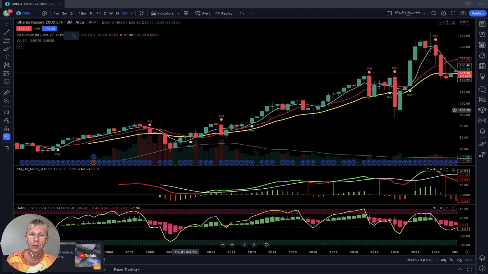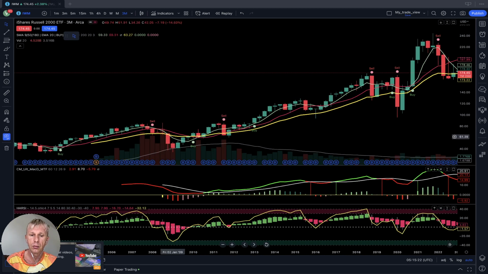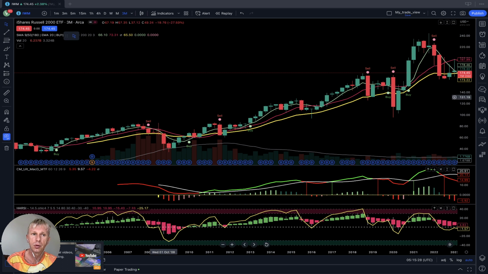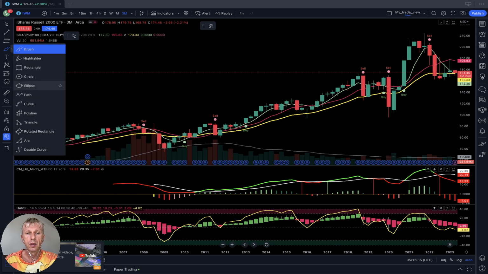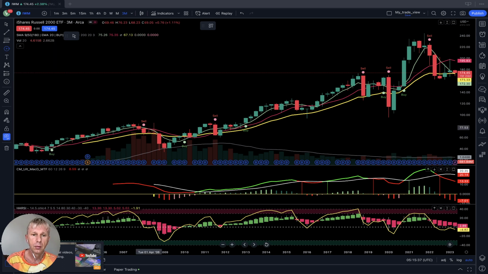Look at it. I'll show you. MA5 did a bearish crossover. It was 2007, right? 2008. That's what we observed. Let me show you. Let me make a circle. You see it?